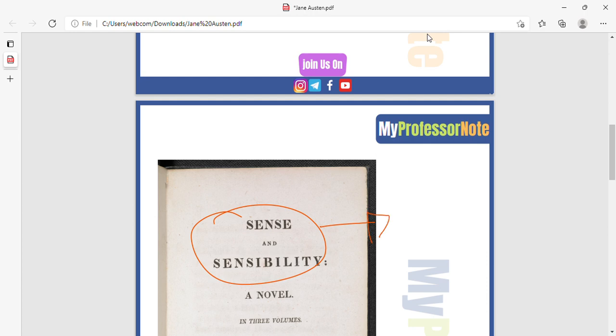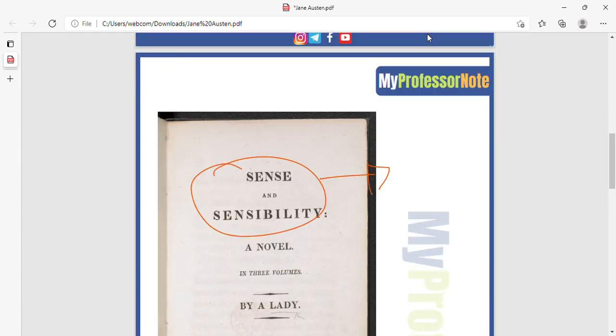Even if you can't manage to read the whole summary because you're running out of time and you just have one or two months, I would suggest you at least do one thing. Know the publishing date of that novel, when it was written, where it is set, what the setting is, and who the characters are.